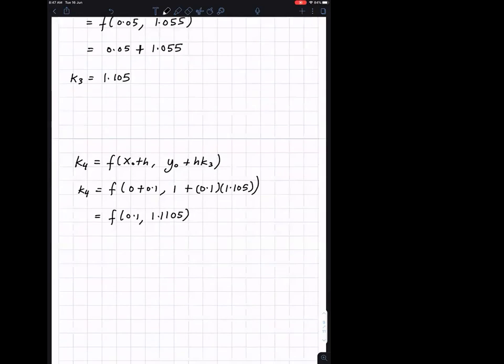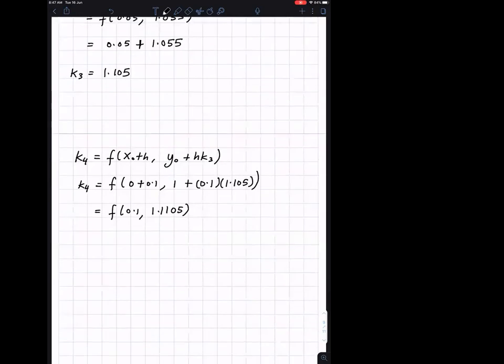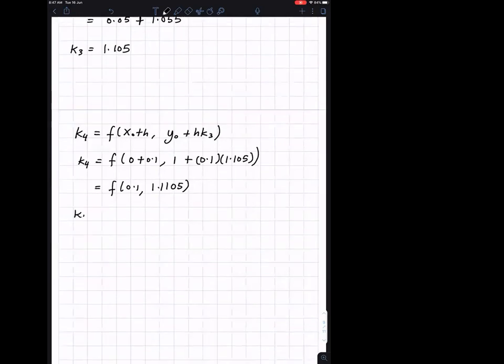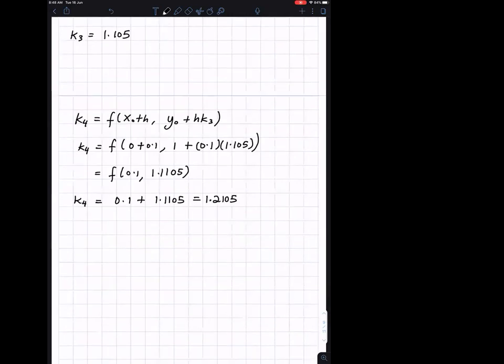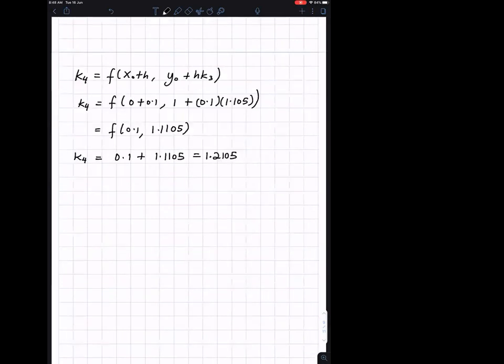Now you plug that into the differential equation. That's going to give you a straightforward linear equation, 0.1 plus 1.1105. So you find all the K's, K1, K2, K3, and K4.